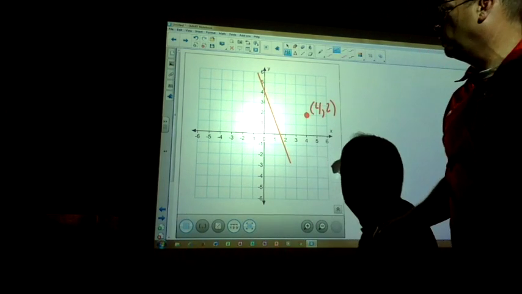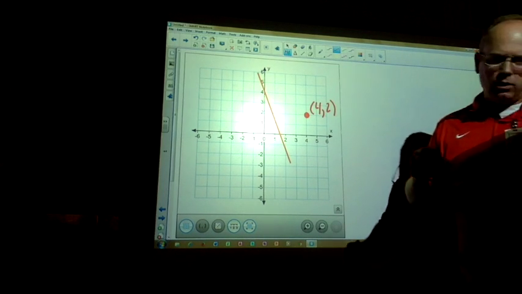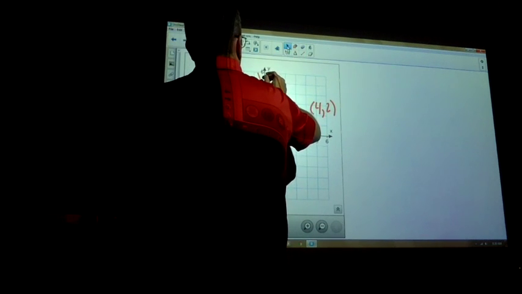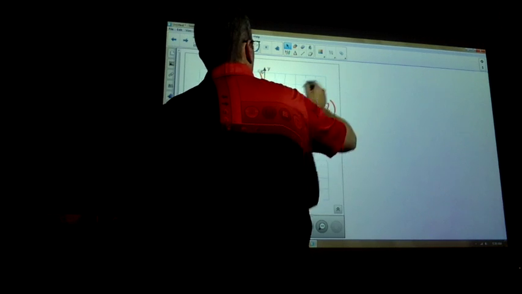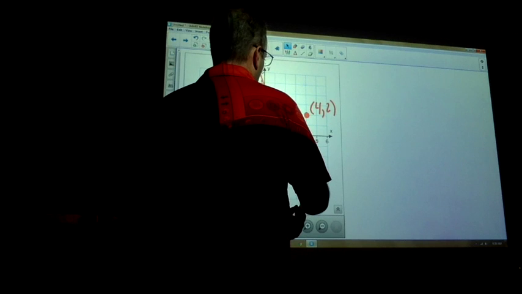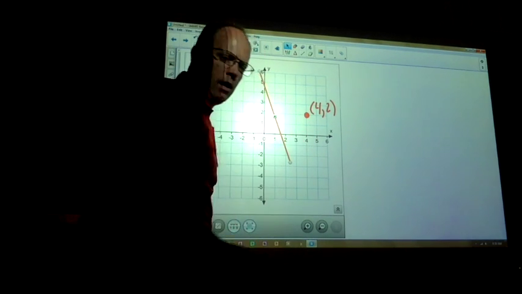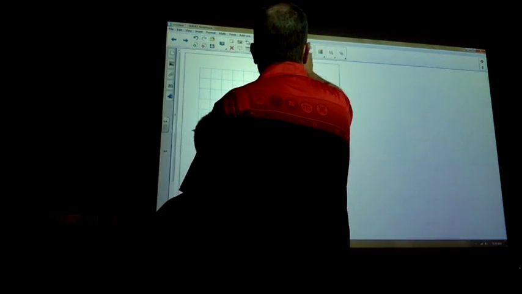I have to think that they were meaning there's a point at 2 over 1. 1, 2. You think? Yeah, there's a point there. And on your thing? Yeah. Okay.